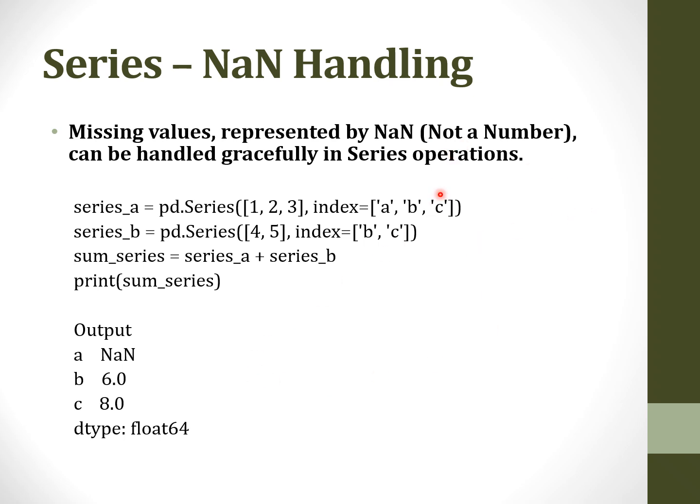In any other programming language, an error would be thrown telling you that addition cannot be performed since the indexes are not matching, but that is not the case in Python. Since you are using pandas, it gracefully handles mismatched indexes and straight away fills the place with NaN, which represents not a number. Okay, thank you.